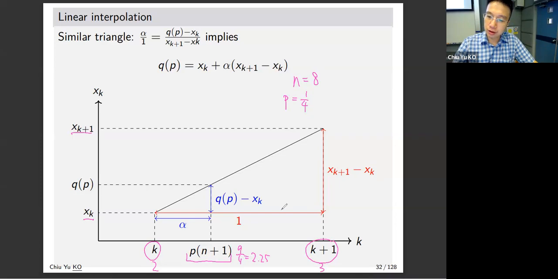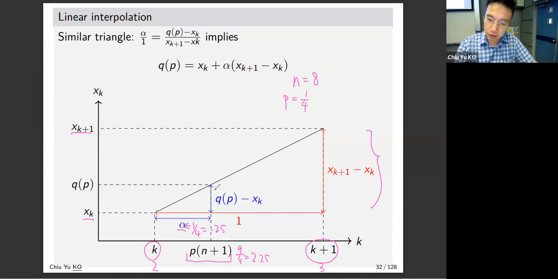What we're going to do is use what we call interpolation. This alpha is 1/4, or 0.25, and this is the distance between the two. You want to calculate how much you should go.